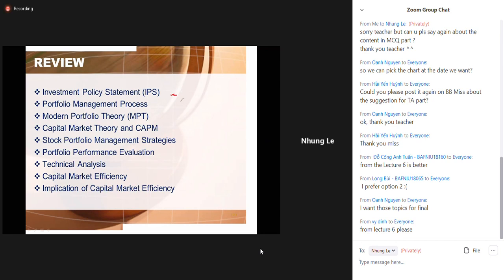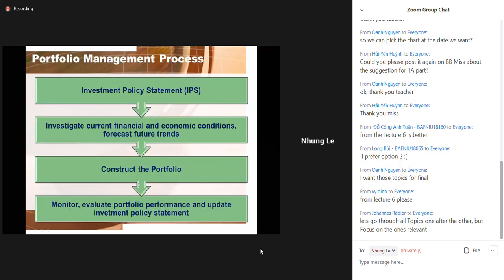Okay, from lecture 6. I will focus from lecture 6, but before that, we will go quickly from the beginning. Is that right? Okay, I agree with you. We go from the beginning, and after that we focus on the topic.